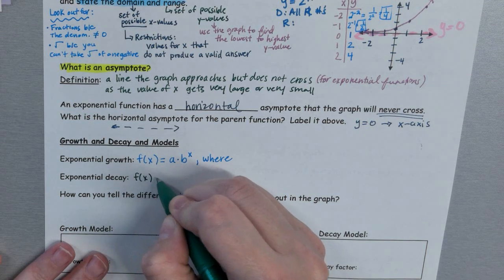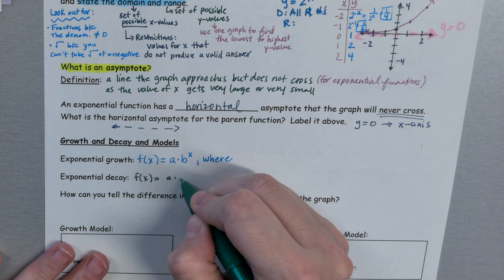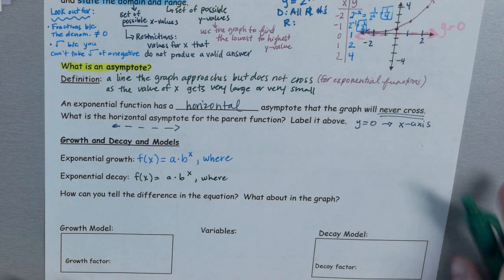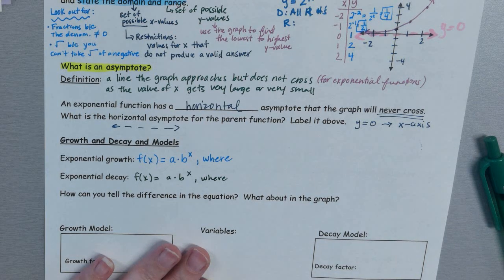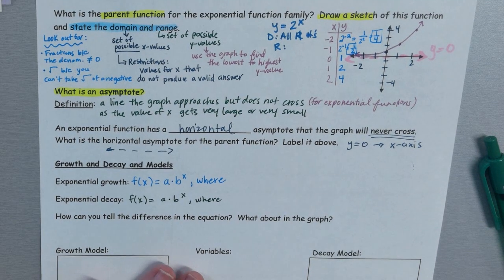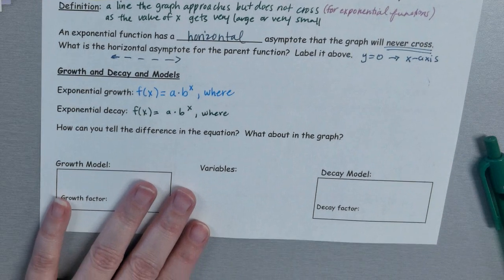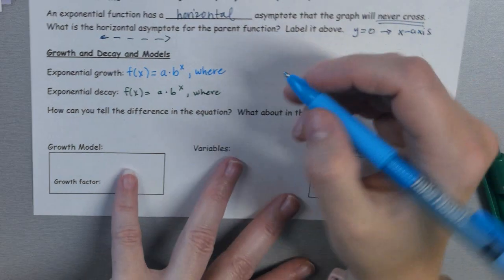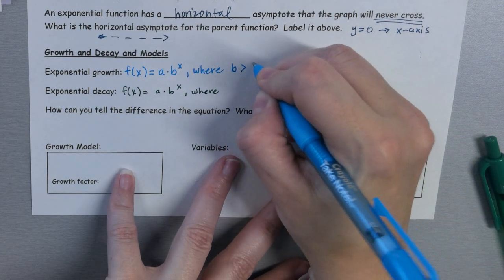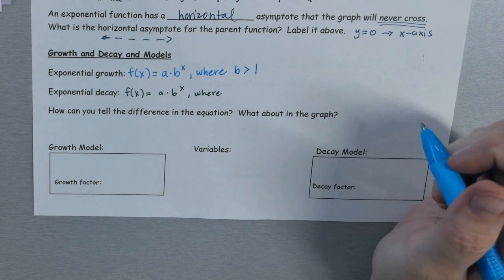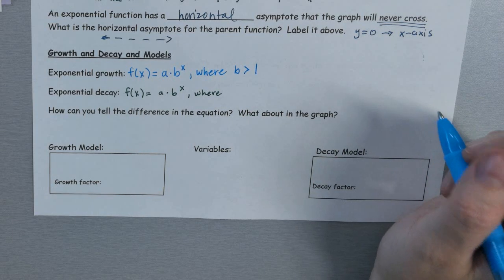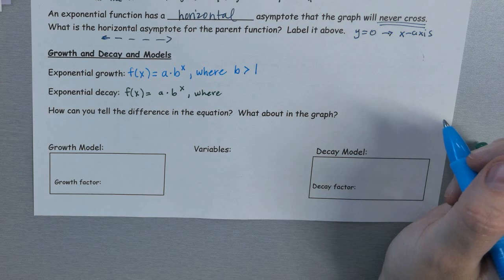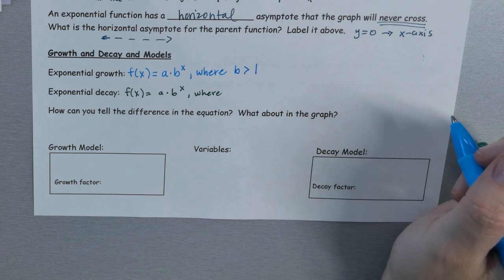And decay, again, it's the same model, but there's going to be a special stipulation for b. Okay, so for the exponential growth, it's going to be where b is greater than 1. You guys remember what rule that's similar to? In your transformation? Yeah, the vertical stretch.